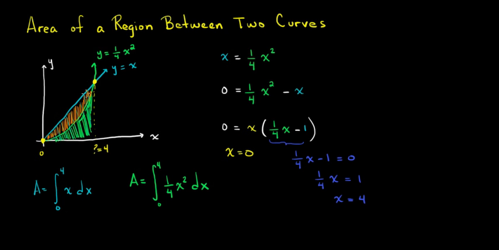So how can we figure that out? Hopefully you have some idea of what's going to happen here. What I can do is think about it like this. I can find the entire area underneath my y equals x curve, and that gives me this whole thing right here in orange and green.